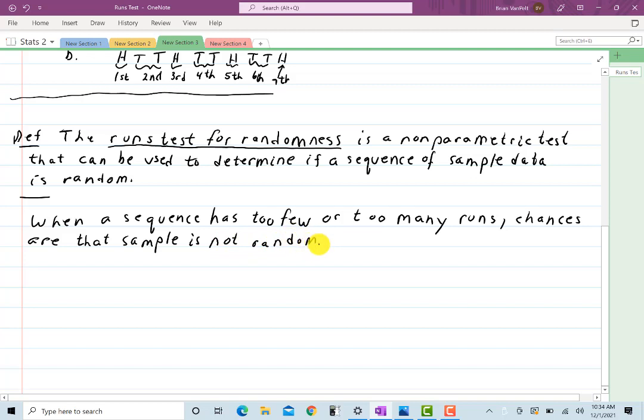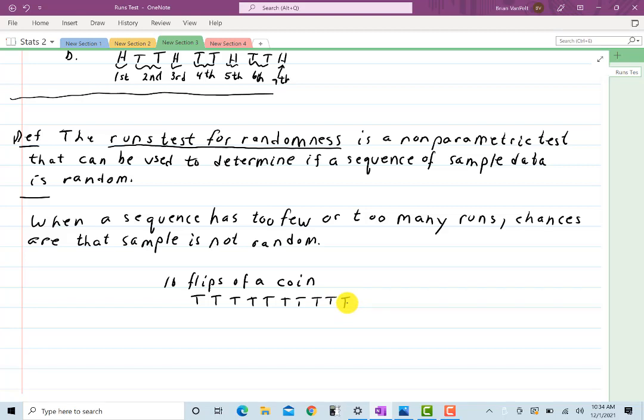So for example, if I flipped my coin 10 times, this would draw our suspicion. There's only one run there, and the run is of length 10. That looks very suspicious, and we would suspect that's not random. Or even something like this.